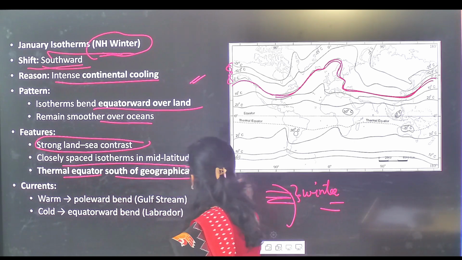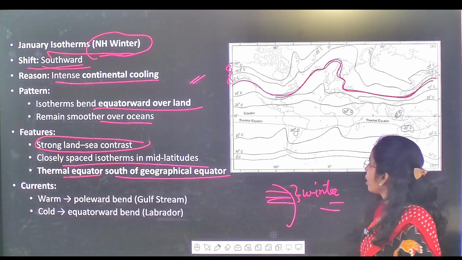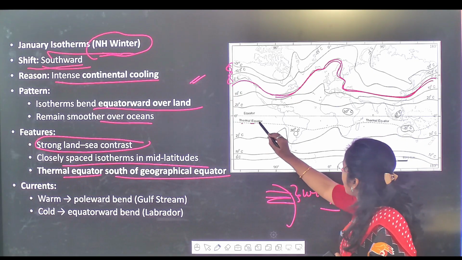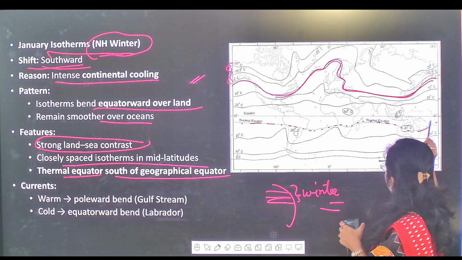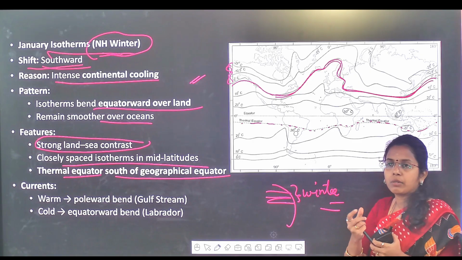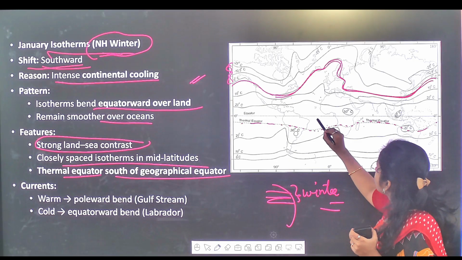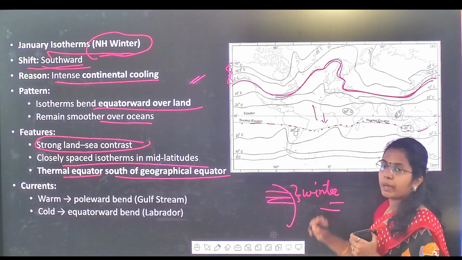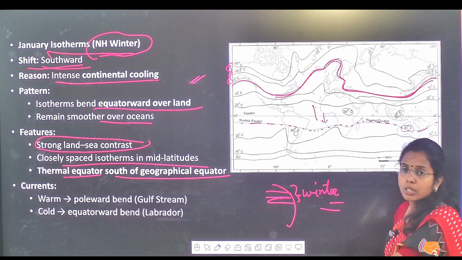Thermal equator south of geographical equator. Thermal equator, or ITCZ zone, we see based on the temperature difference, based on the incoming solar radiation, based on the equinox or solstice. This thermal equator shifts north or south based on the temperature. Here why does it shift south?